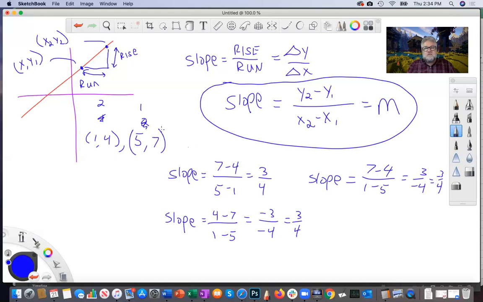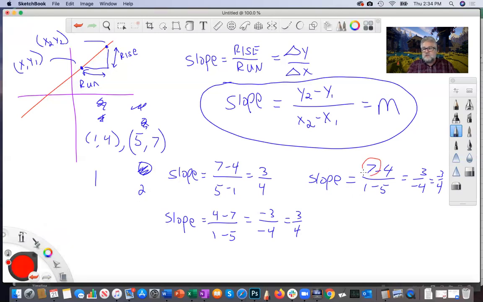I got the negative because 5 and 7 are for point 1 in this case. And, well, I guess we did it the other way. So this was assuming this is point 2 and that's point 1. Here's y2, 7, minus y1, 4. Oh, but then I got them messed up. I did 1 minus 5 instead of 5 minus 1.